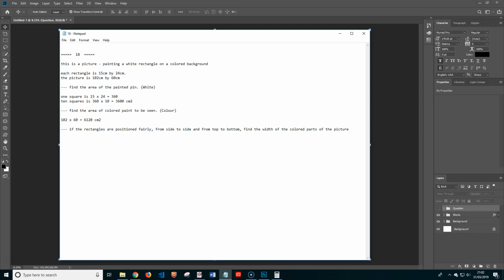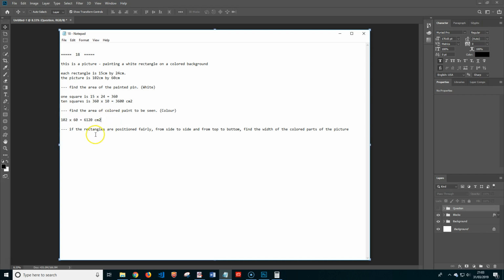So that's two parts of the question done. But see, the way we're doing it is find one square, and then find the value for 10 squares. And we know the total value.